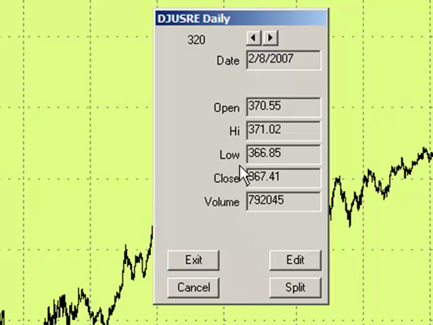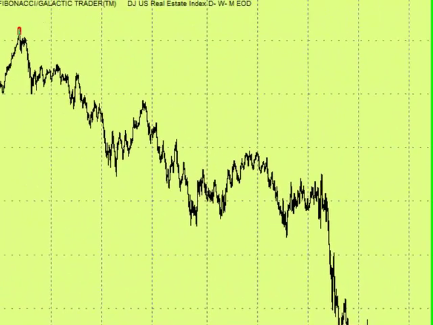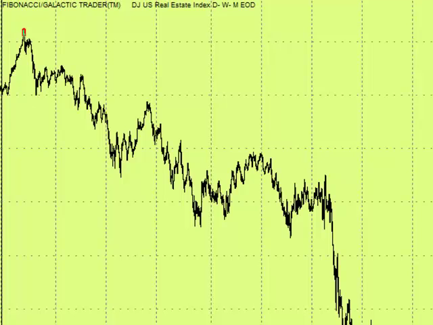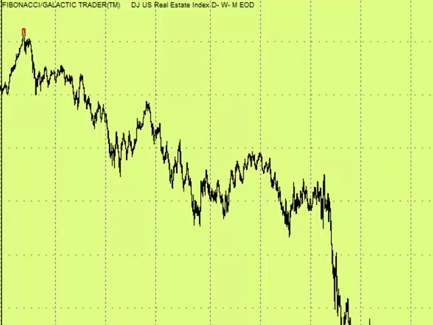As we look at that, that was right on the 7th or 8th, somewhere in there. Let's see, the 7th we had an intraday high of 370.65, and then up to 371.02. So the high was on the 8th of February 2007, looking at that.